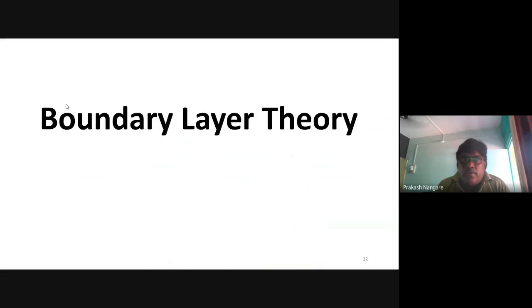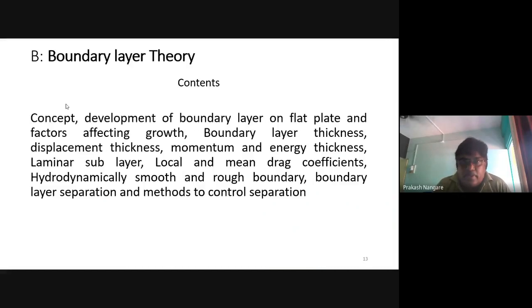Okay, we'll start the boundary layer theory, the concept of boundary layer theory. Boundary layer theory consists of the development of the boundary layer on a flat plate and the factors affecting growth, then boundary layer thickness, displacement thickness, momentum and energy thickness, laminar sublayer, local and mean drag coefficients.